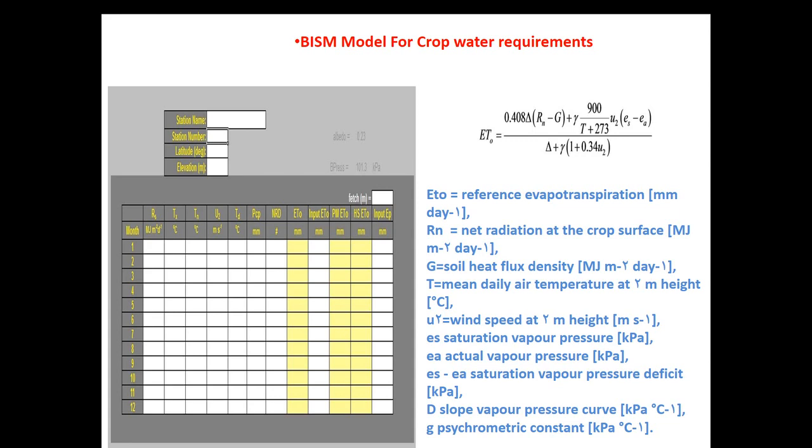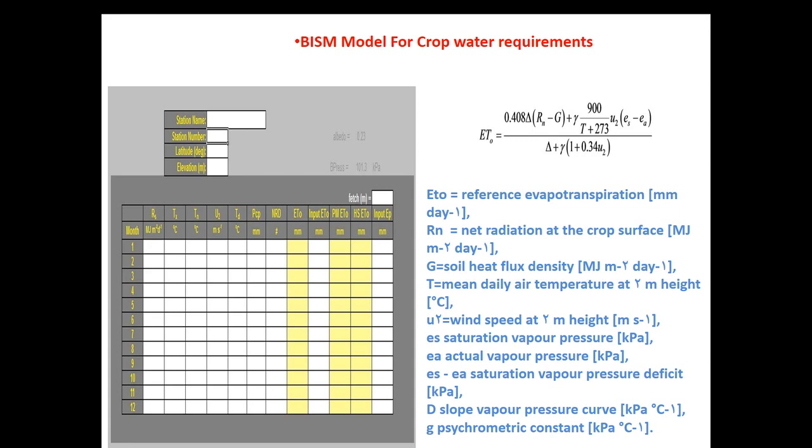This model depends on latitude and longitude for every area on earth, and climate elements, depending on the Penman-Monteith modification formula by FAO.